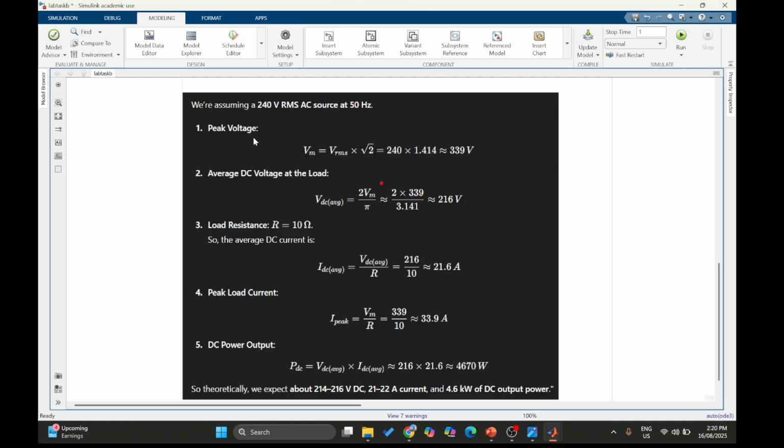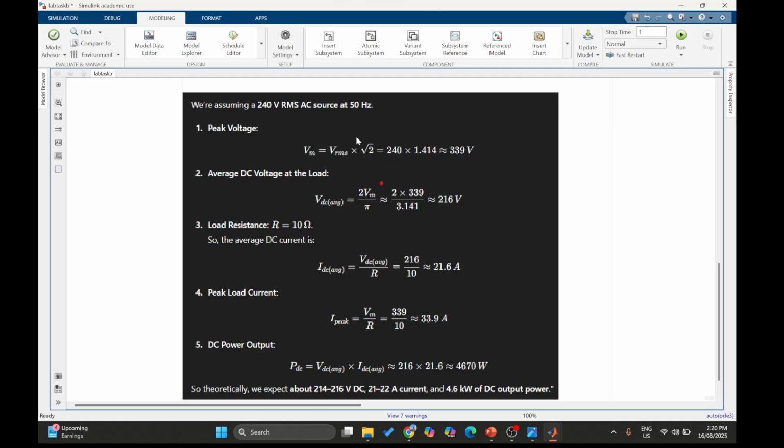One of the important components that I have to measure is the VM. It's a peak voltage, and peak voltage is measured by VRMS times root 2, which gives you 339.